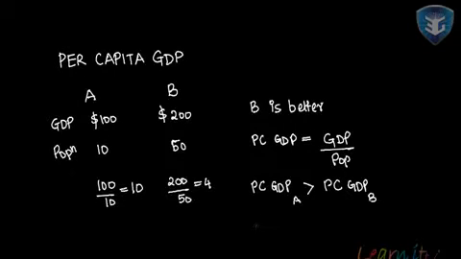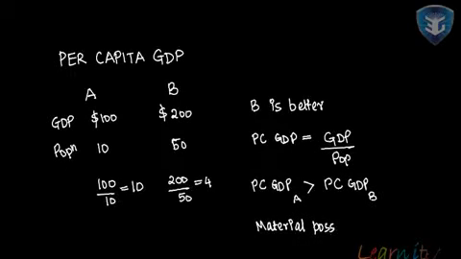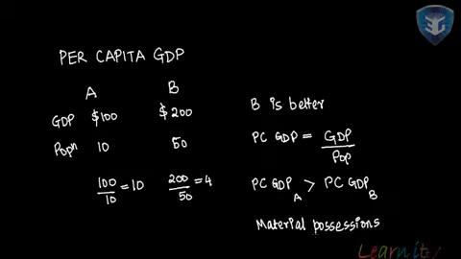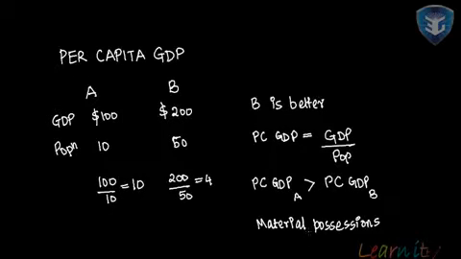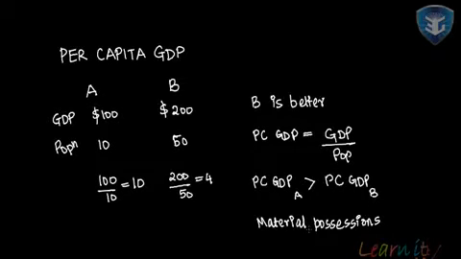See, per capita GDP is telling you how much material possessions you can have. Right? So a country with a higher per capita GDP is likely to have more material possessions and hence more happiness. So you should not stop only at GDP, because GDP is just giving you an aggregate picture. It is not giving you anything else. So you have to move beyond GDP measures.